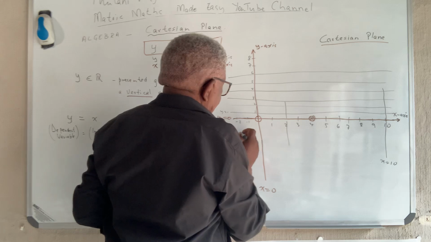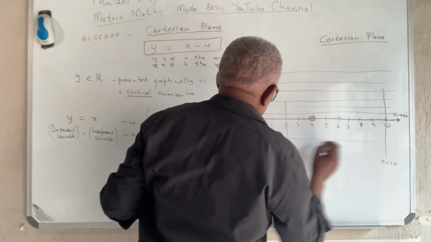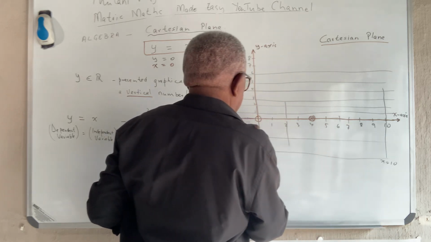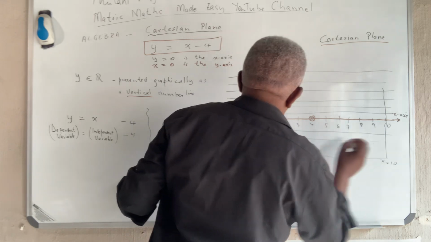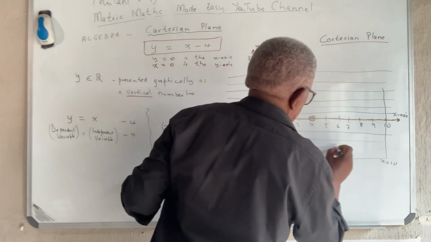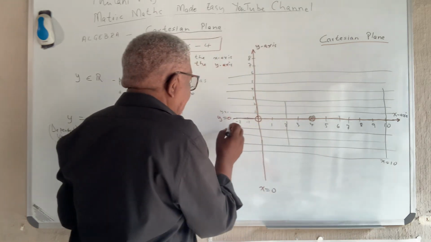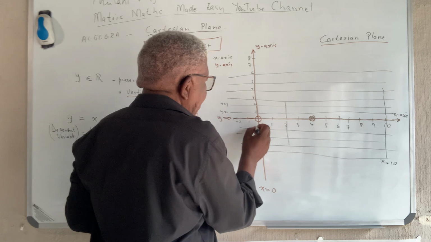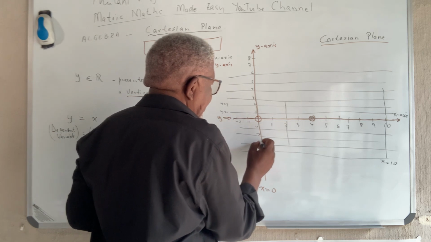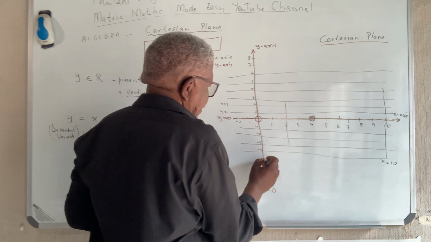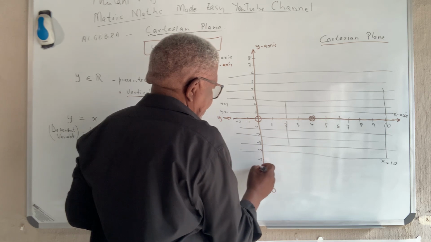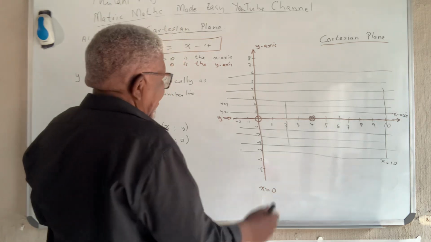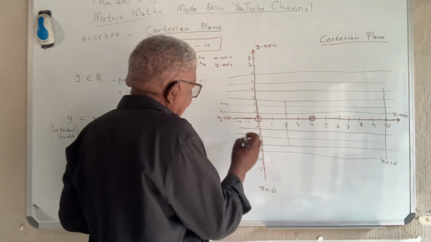And then similarly, underneath, we've got similar lines which are parallel to the x-axis, and these are the values of y. So here y equals 1, here y equals 2, over here is negative 1, negative 2, negative 3, negative 4, negative 5, negative 6, etc., until you can't go down anymore, to reach the number that is undefined, negative.